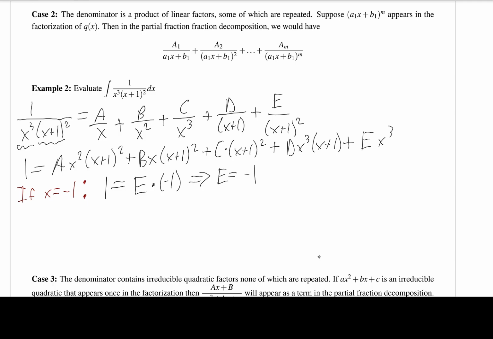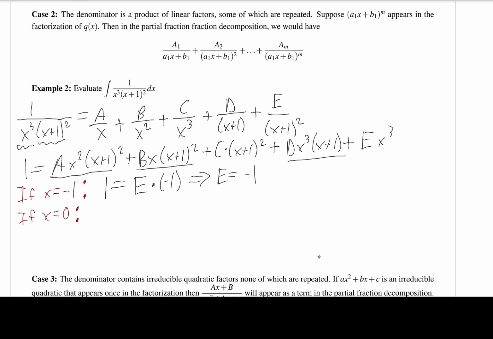Alright, now let's see where I can move from there. If I plugged in x equals 0, then this would be 0, this would be 0, this would be 0 plus 1 squared, so it's not going to be 0, it'll be something else.